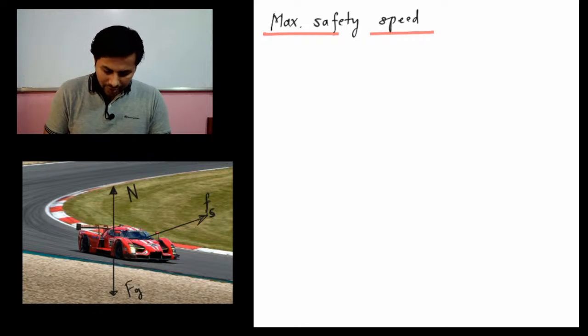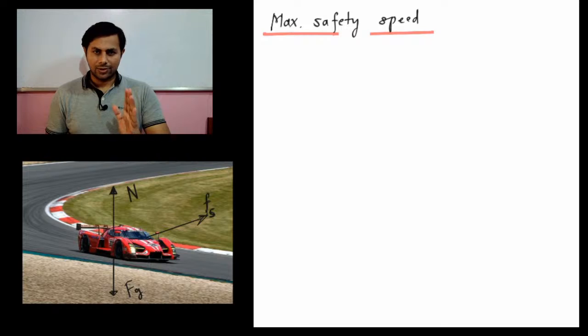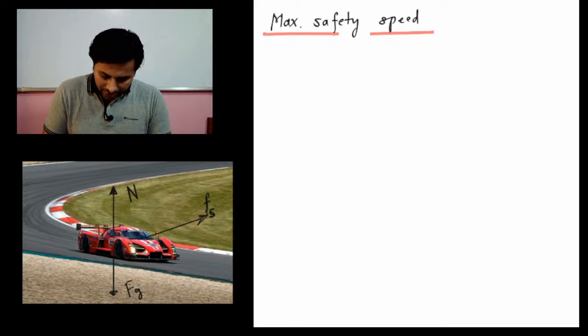For equilibrium of this car in the y direction or vertical direction, what is equilibrium? Equilibrium means the net force acting on an object is zero, so the car doesn't accelerate in the y direction. For that to happen, the normal reaction must be equal to the gravitational force.